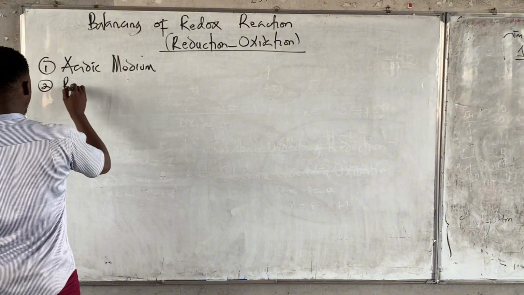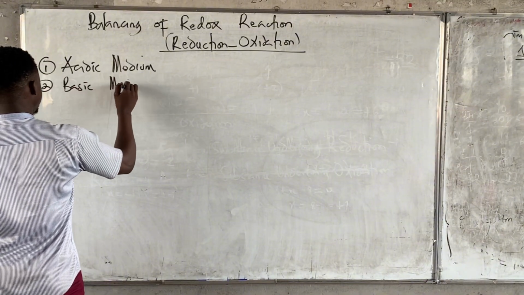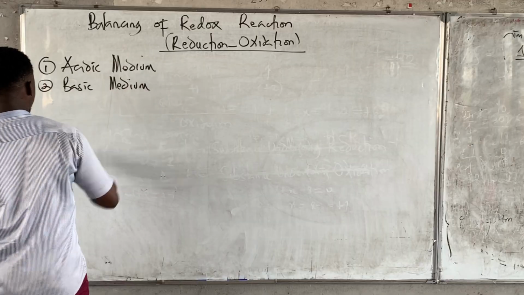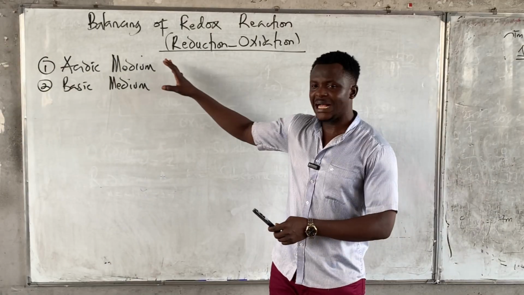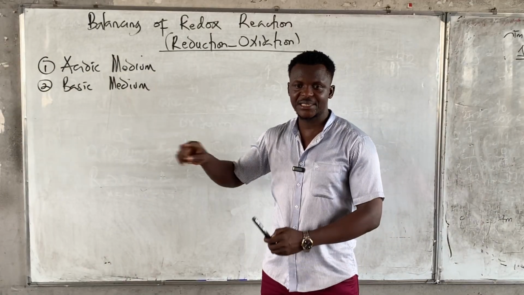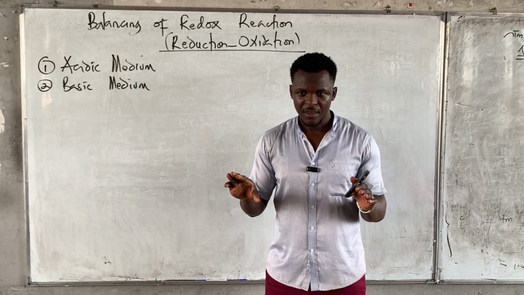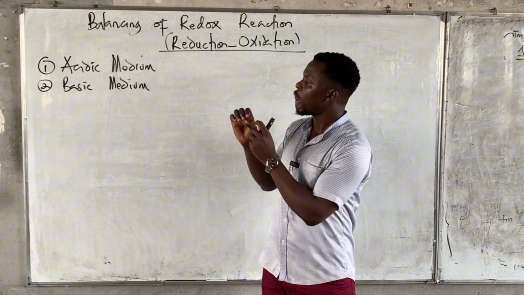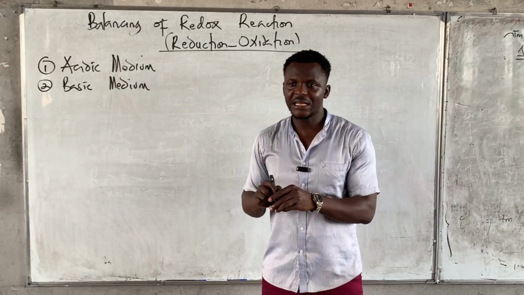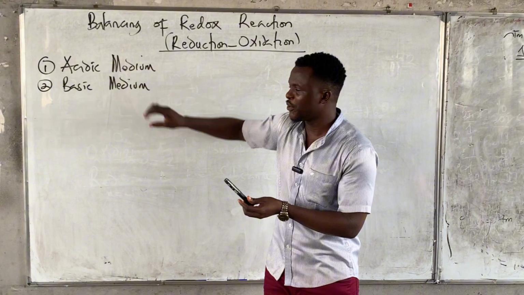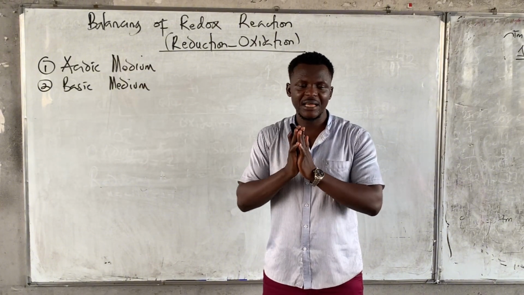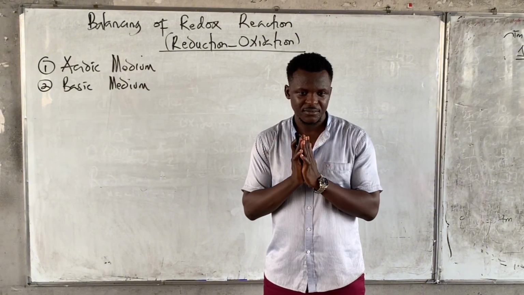Number 2, basic medium. Whether it is acid medium or basic medium, first thing first, you must split it into two half cells. Once you've done splitting it, the difference between acidic medium and basic medium is just when you're balancing hydrogen and oxygen.